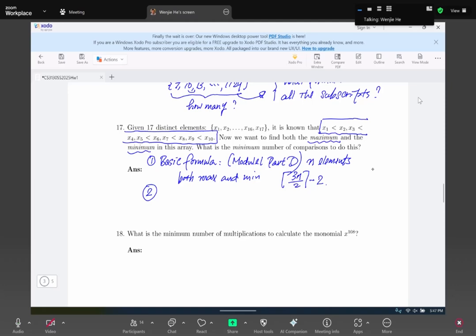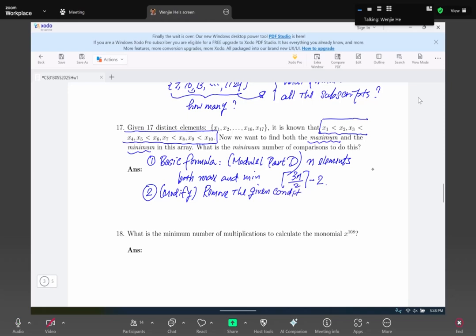We can modify the given problem. How to modify, to make it easier? Remove the given condition, or we just temporarily ignore the given condition. That's the modified version, right?